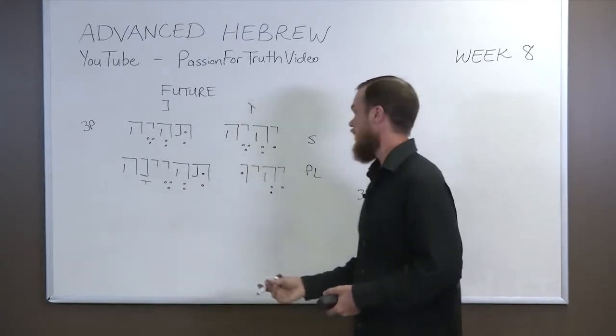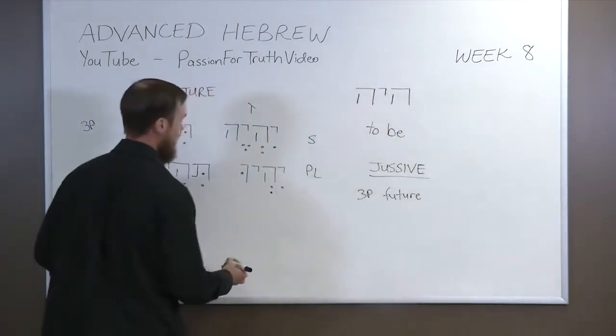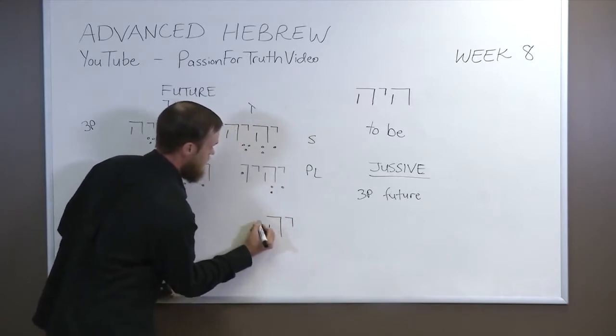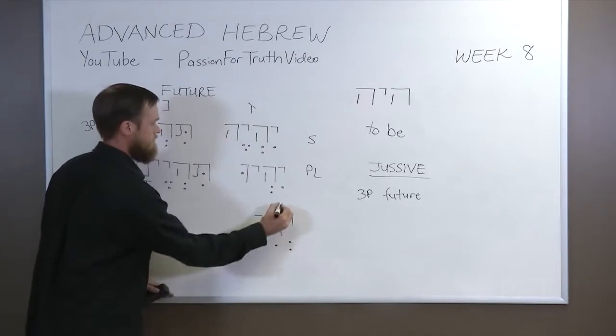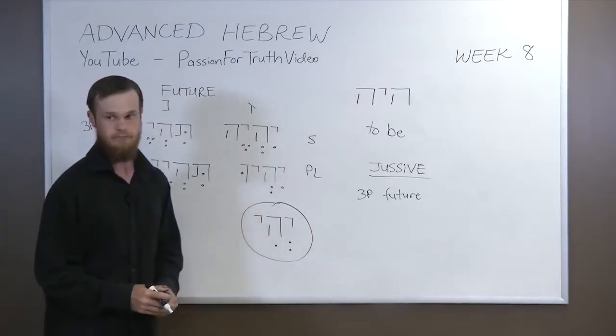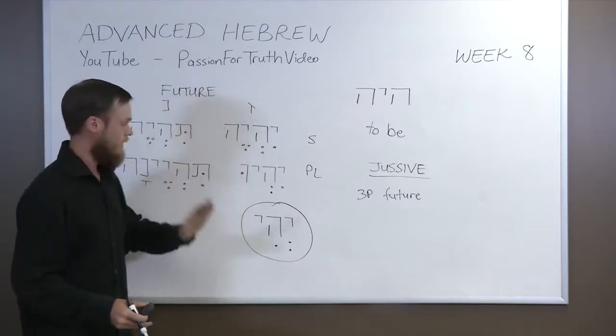So the jussive form of haya is this. Instead of yeheye, it is yehi. So yeheye means he will be.